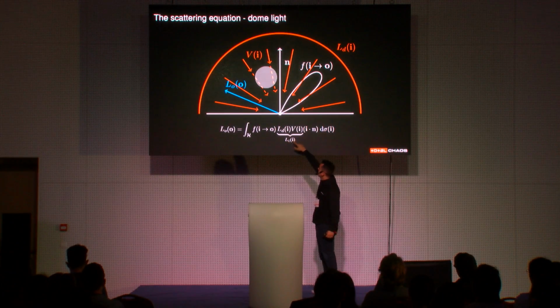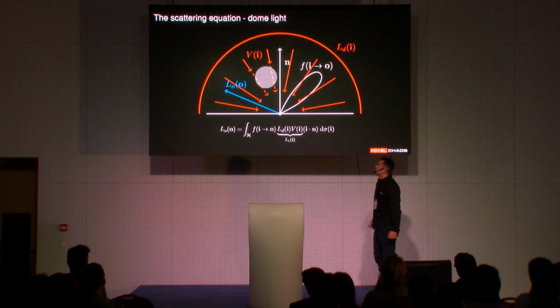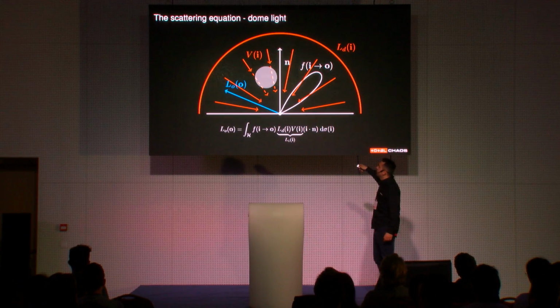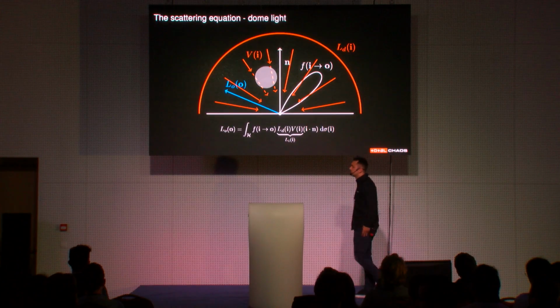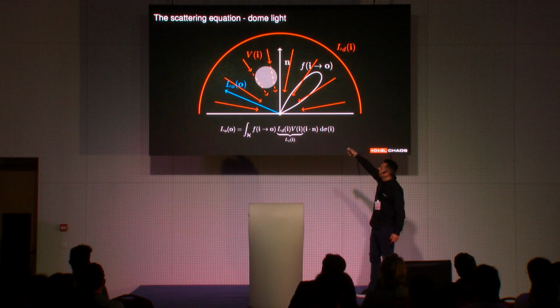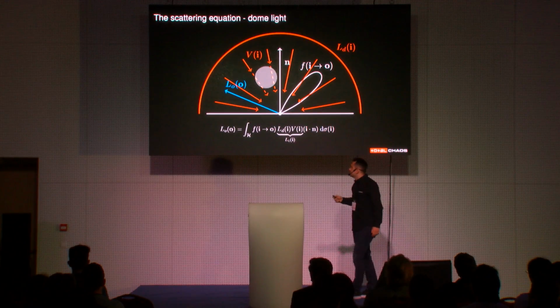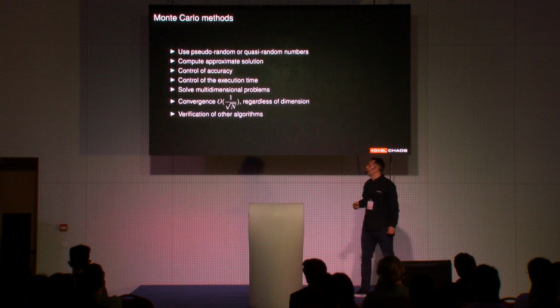This is LD, and this is the visibility function, which only says how much light is actually reaching the point, because there might be some occluders that stop the light, like this transparent object that I have drawn. But basically the equation is just the same.